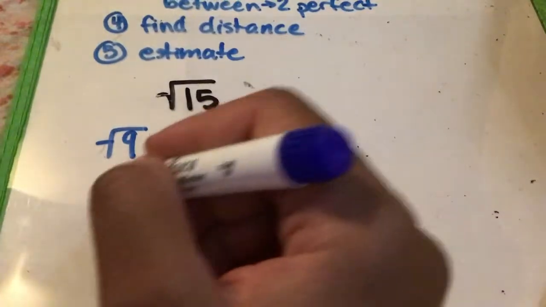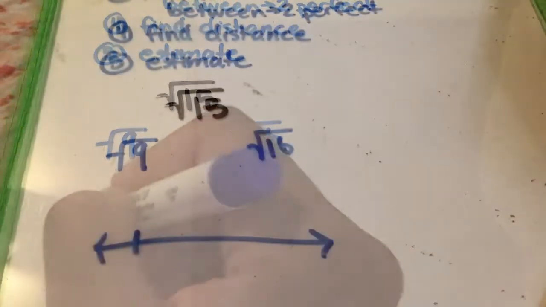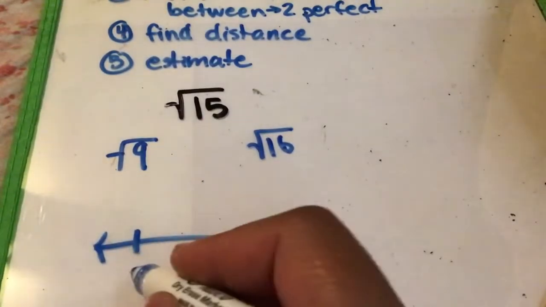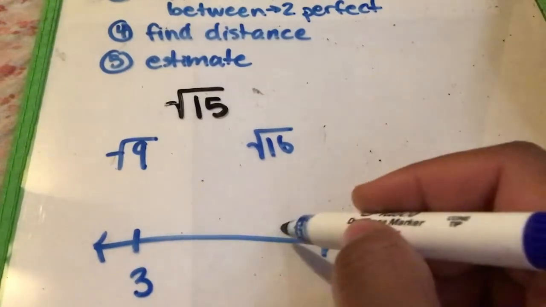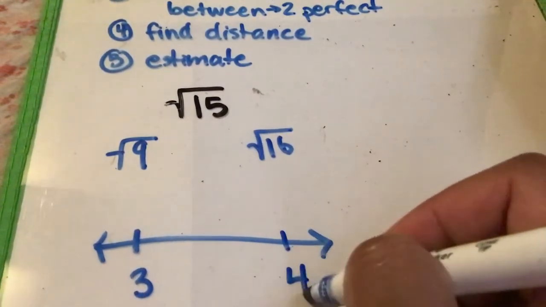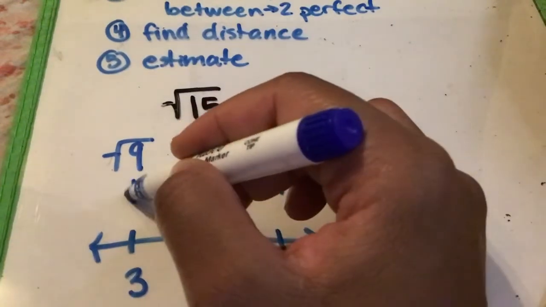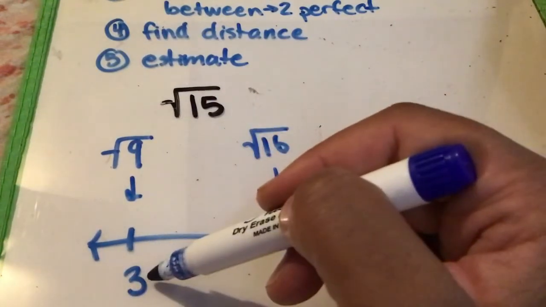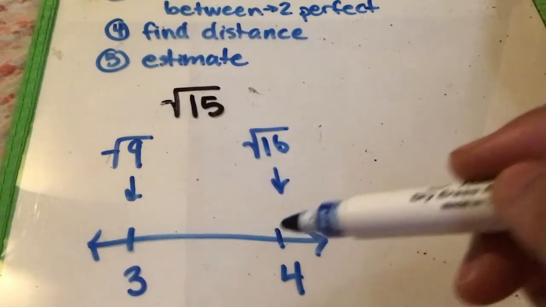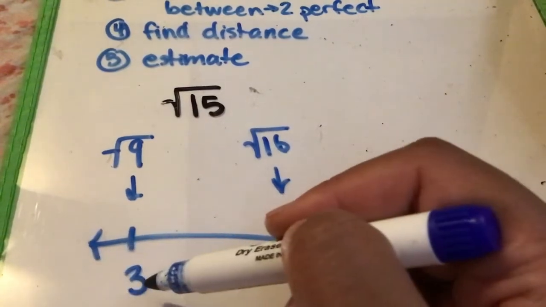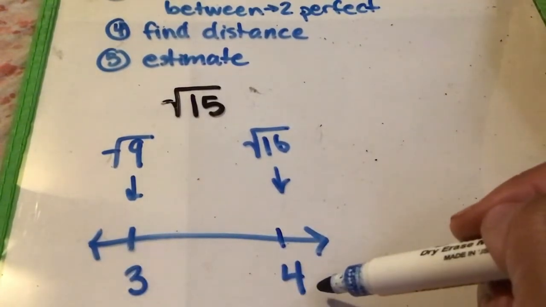We know that the square root of 9 is 3 and the square root of 16 is 4. So drop those right down. So the square root of 15 has to be somewhere in between 3 and 4. It's got to be a 3 point something. It can't be smaller than 3. It can't be bigger than 4.